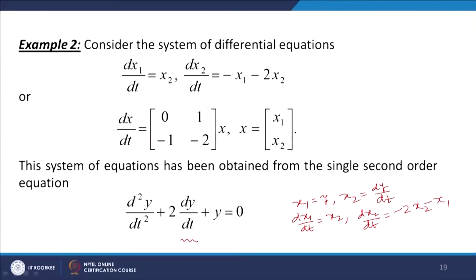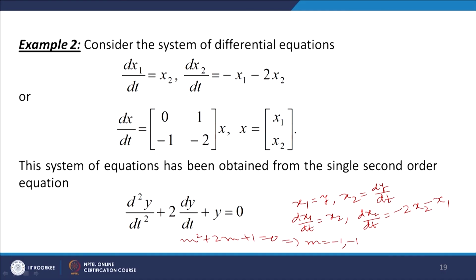Now, let us find the solution of this system of differential equations. So, what we will do is we will first find the solution of this second order differential equation, which is a differential equation of second order with constant coefficients. So, we can write the auxiliary equation here. We have m square plus 2m plus 1 equal to 0, which gives us m is equal to minus 1, minus 1.